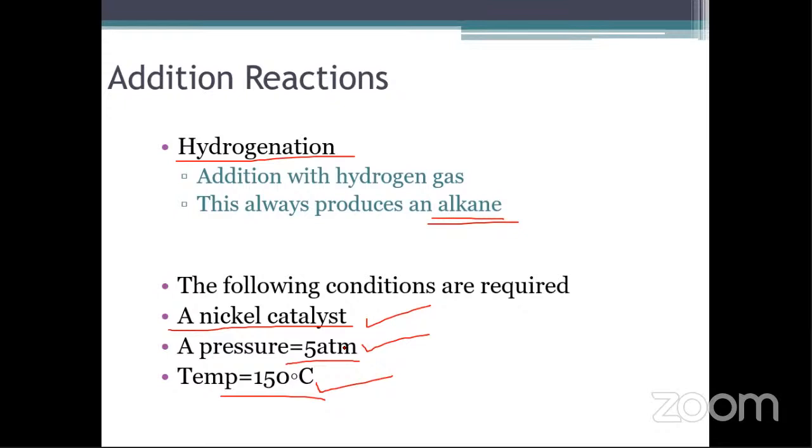Not sure? See it there on the slide. For hydrogenation, what's the temperature, what's the pressure, and what's the name of the catalyst?